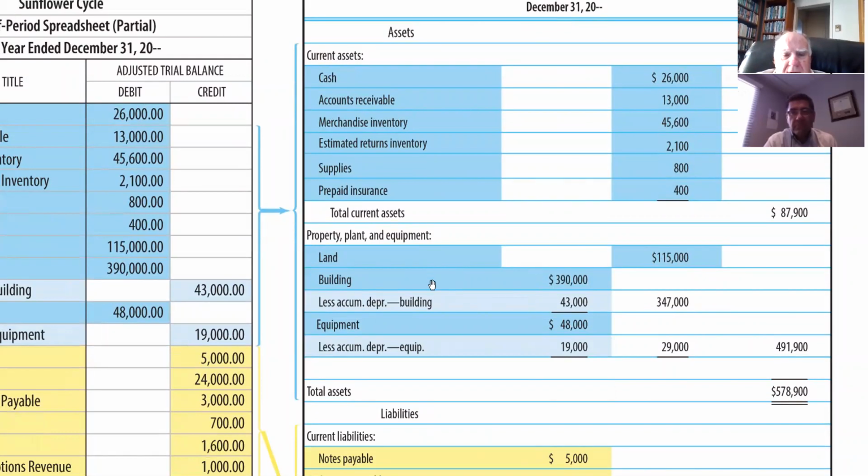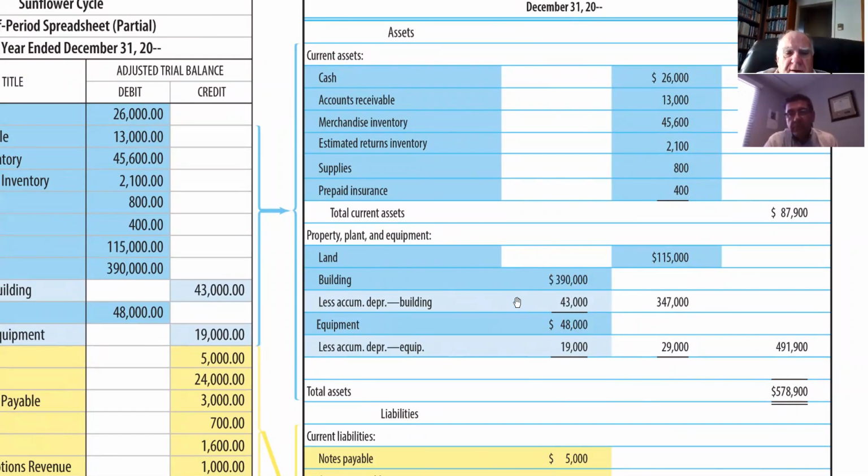Land, building, accumulated depreciation, equipment less accumulated depreciation. These are all non-current assets, long-term assets, fixed assets. Now on the test, they love to put a question like this down, everybody.